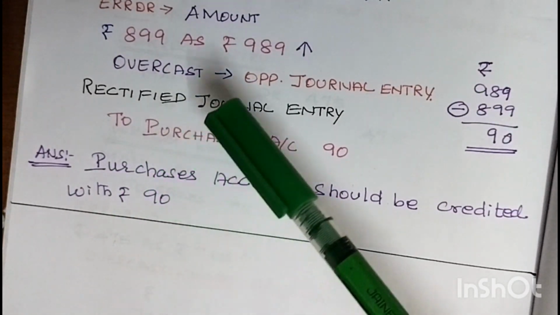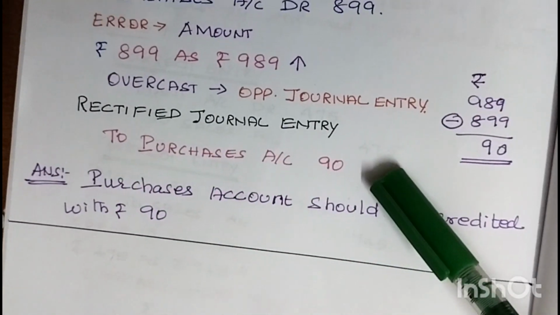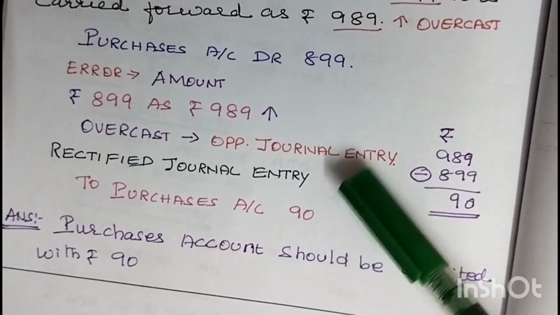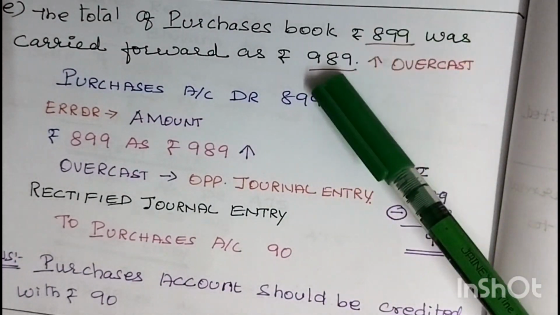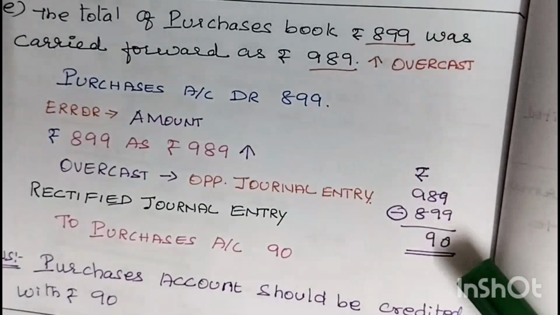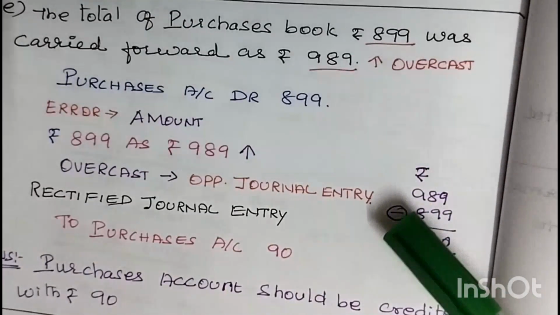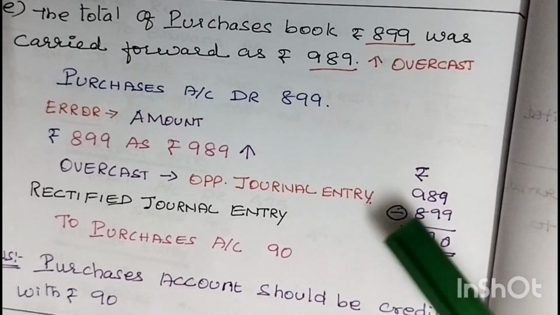Debit means debited, to means credited. To purchases account 90 rupees. How do we get this 90 rupees? We have to find the difference between these two amounts. So we subtract 899 from 989. We will get 90 rupees.